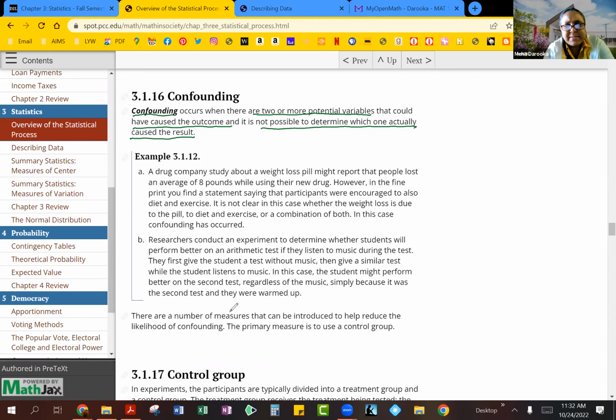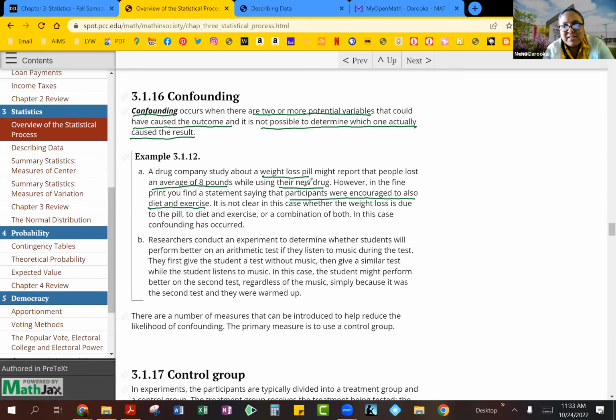So just as examples again, guys, here they're talking about a drug company that studies a weight loss pill. A drug company study about a weight loss pill might report that people lost an average of 8 pounds while using their new drug. However, in the fine print, you find a statement saying that the participants were encouraged to also diet and exercise, right?